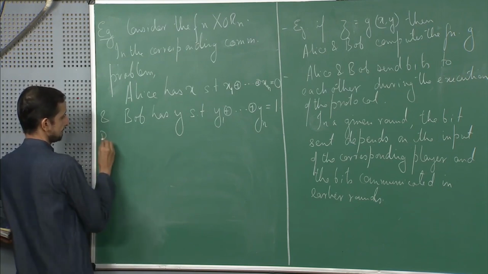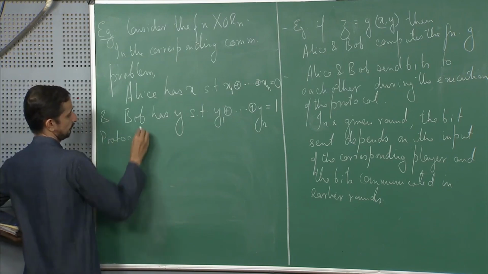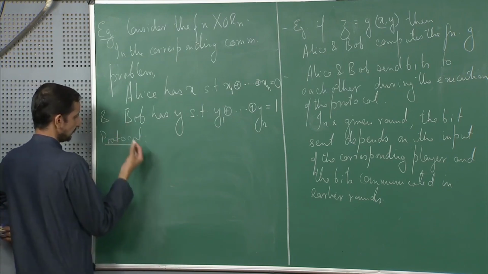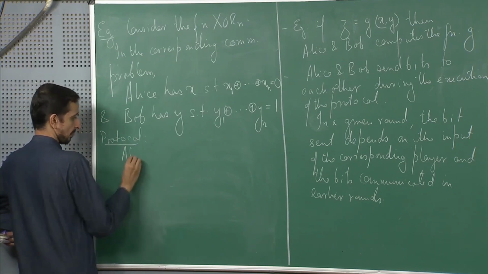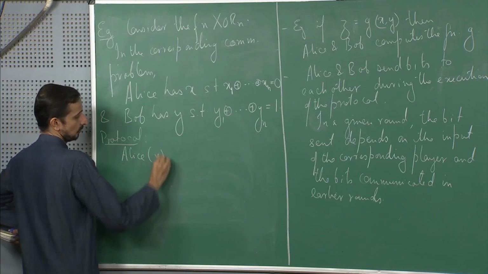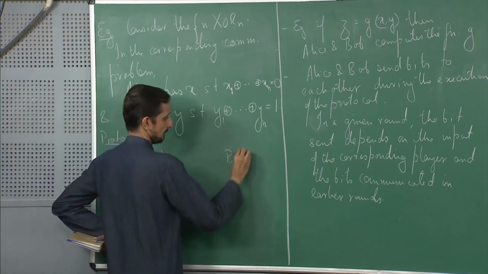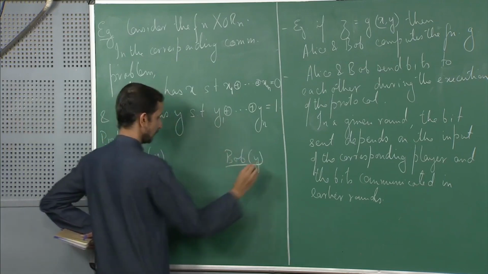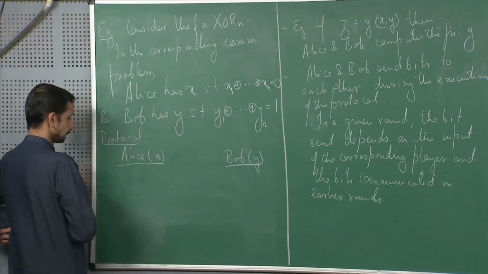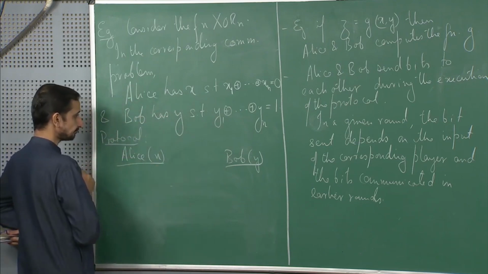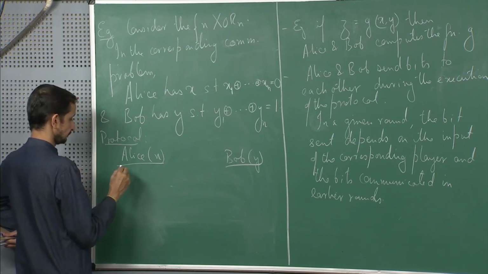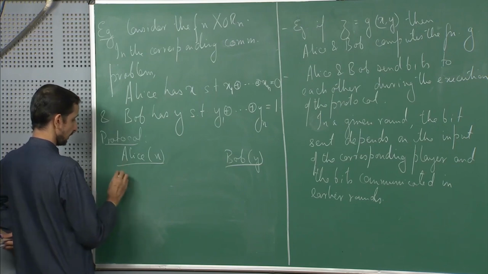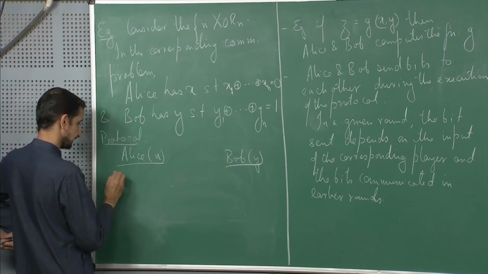So here is the protocol. Let's say that we have Alice who has x and Bob has y. Let's say Alice begins.